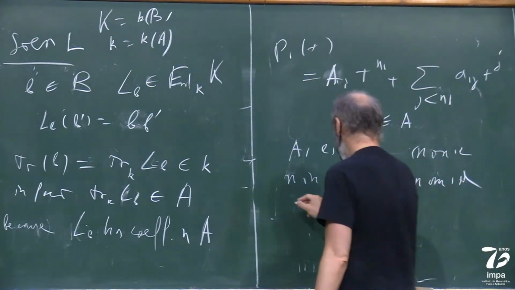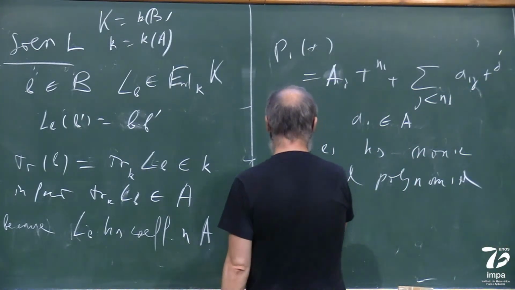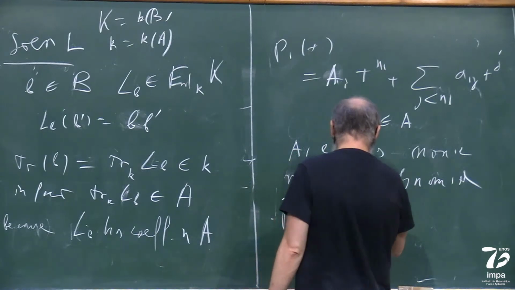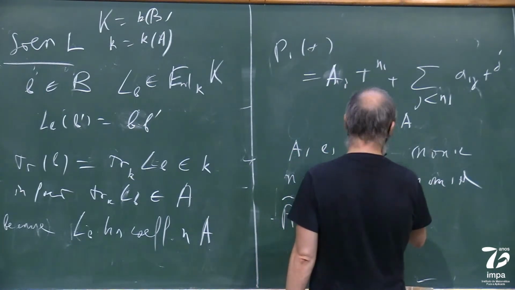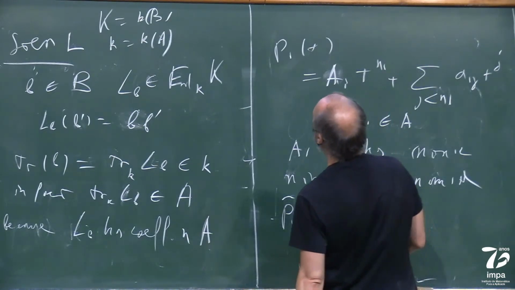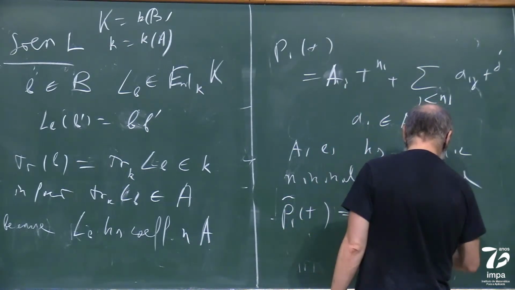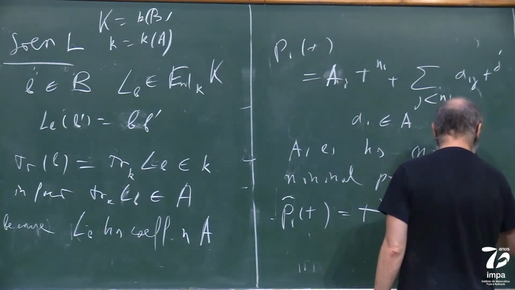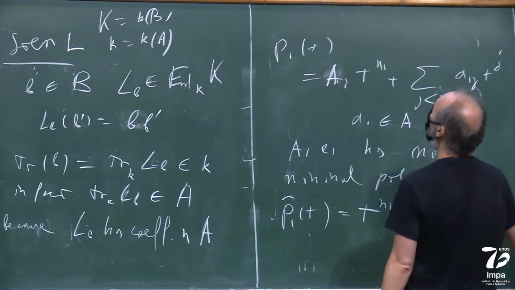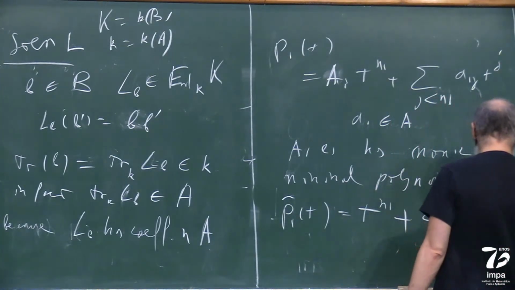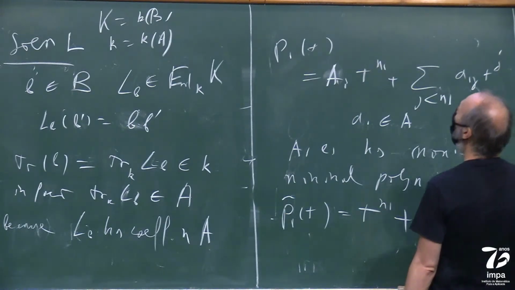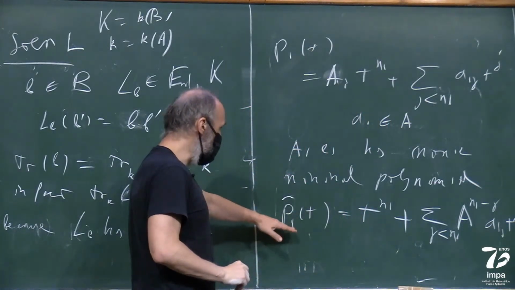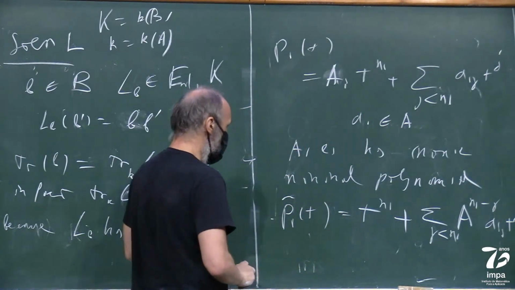And the polynomial P tilde i of t, I'm just writing this polynomial explicitly, is equal to t to the power n_i plus the sum, again, for all j less than n_i, of a_i to the power n_i minus j, a_ij t to the j. This is just the explicit form of the minimal polynomial for this element.